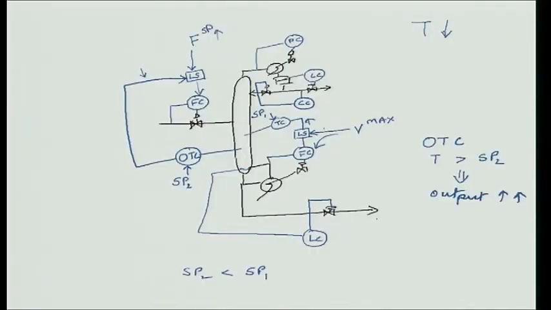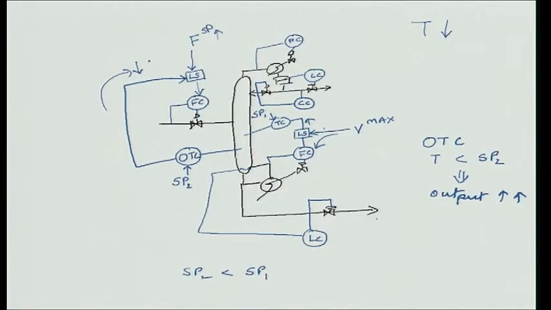Now, as the tray temperature is going down, ultimately the tray temperature will cross set point 2, it will go below set point, and once it goes below set point, now the override temperature controller says, well, the temperature is going down, that means I am putting in too much feed, I should be putting less feed, and this override temperature controller will now start to decrease this signal.